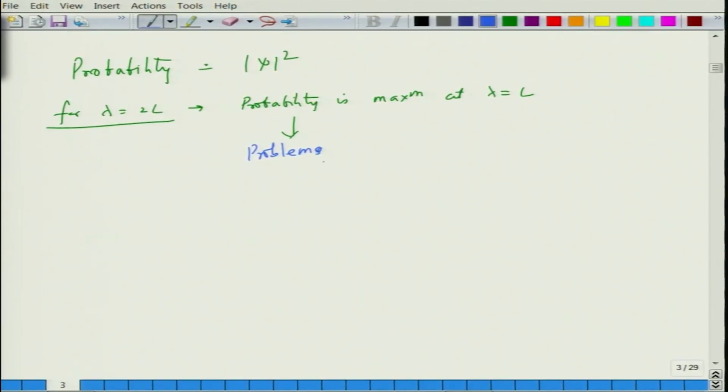Conceptually speaking, the probability of finding the electron must be the same everywhere in the solid.